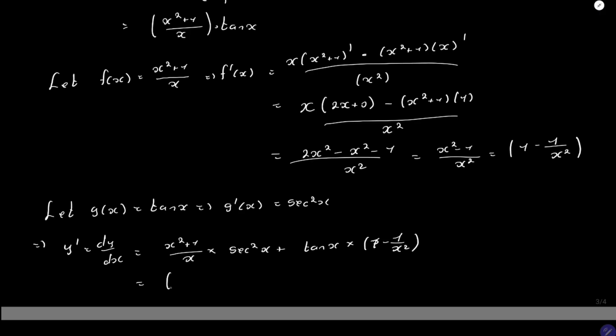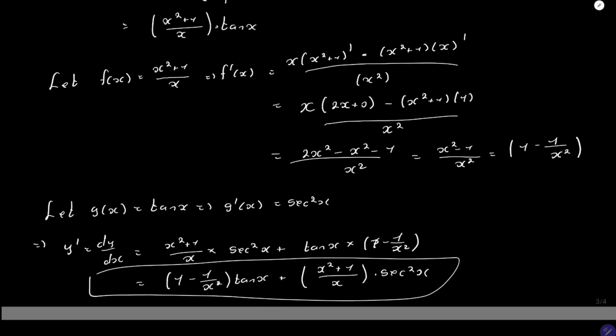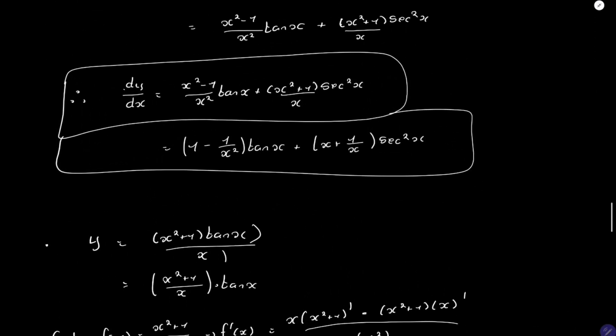And this still simplifies to 1 minus 1 on x squared times tan x plus x squared plus 1 on x times sec squared x. And this gives us the same answer as we have above.